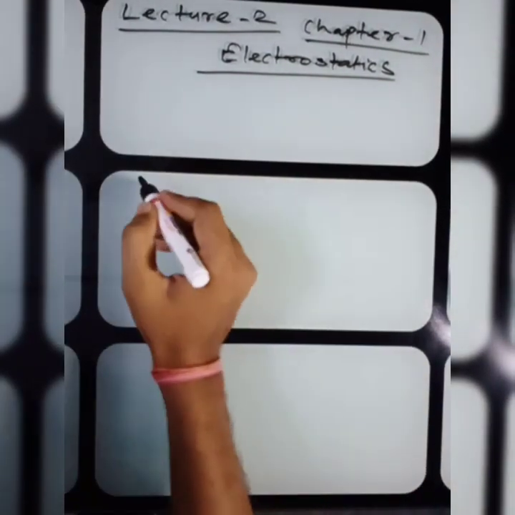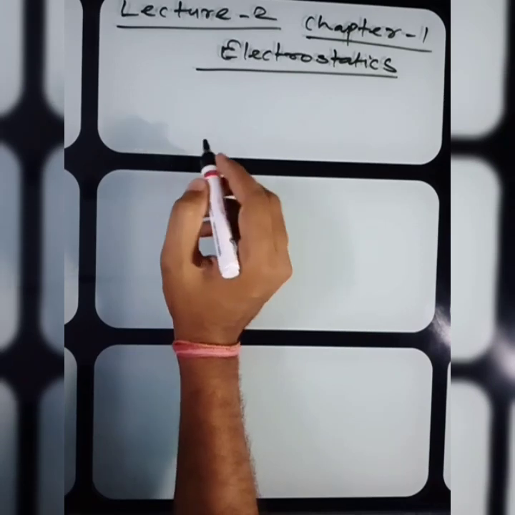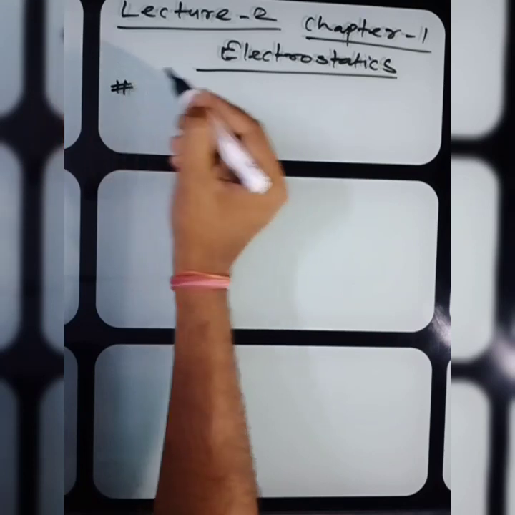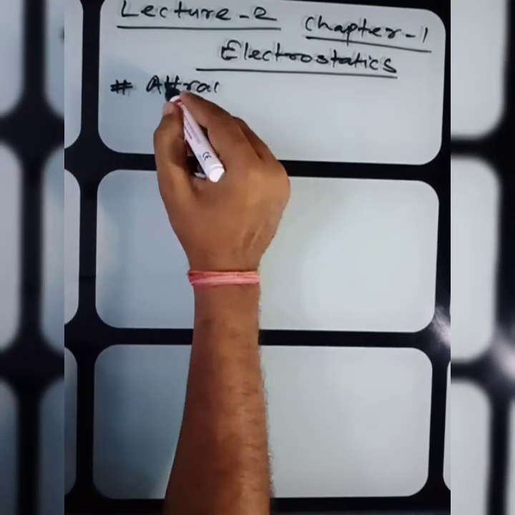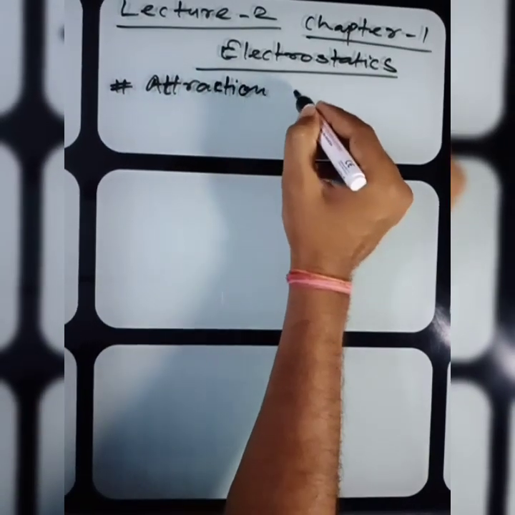Now the next property, students, that is attraction and repulsion.